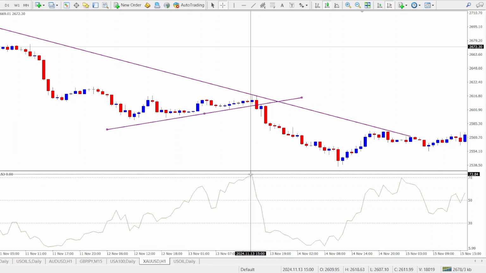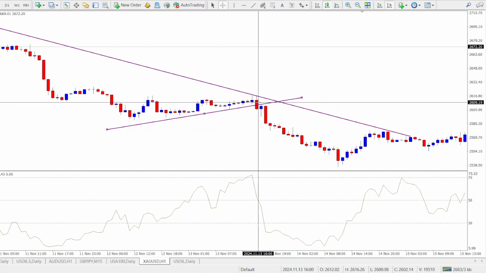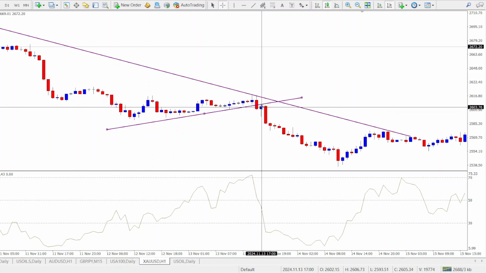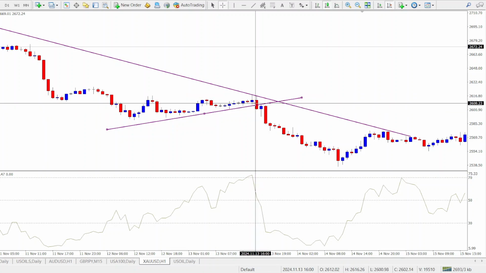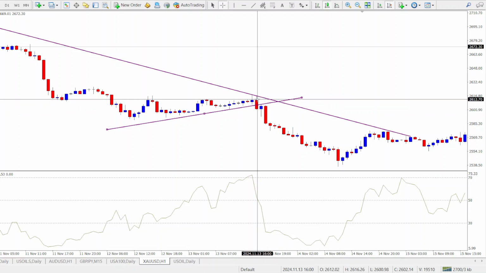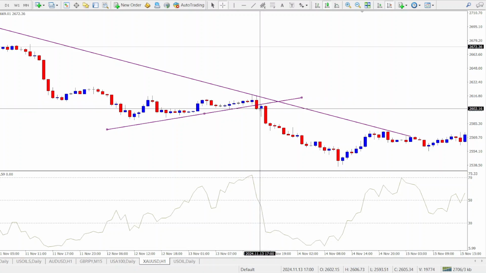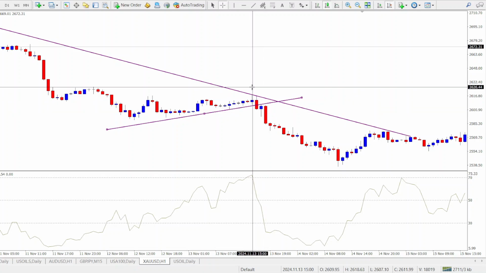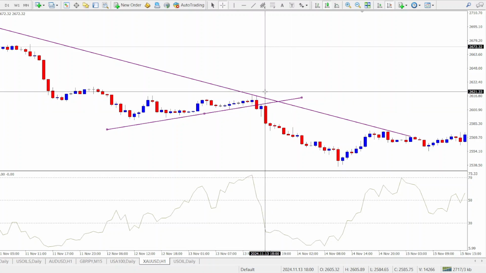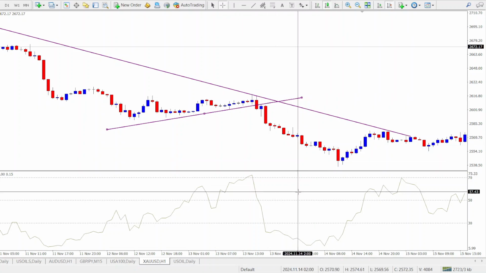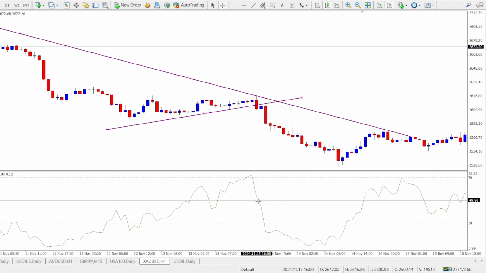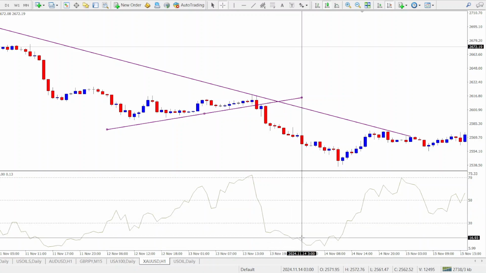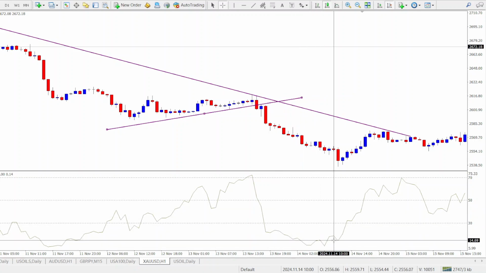At this point, you would have considered entering a sell trade right after this bearish engulfing candle formed, setting the stop loss right above the swing high. For our take profit, we can decide to wait for the IMI indicator to get into the oversold territory.